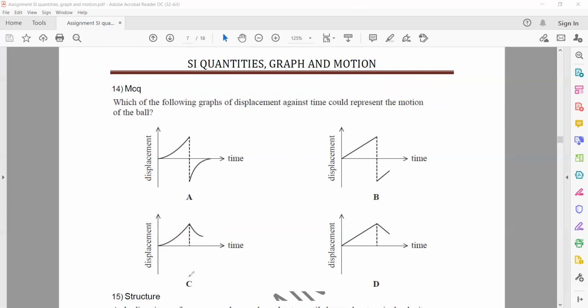So option C is the right answer. Because first we want the slope to increase and be positive. Next, we want the slope to decrease and be negative. When you check option D, the slope is constant, so the velocity will be constant. That's why C is the right answer. Is it clear? Discussion of question 14.